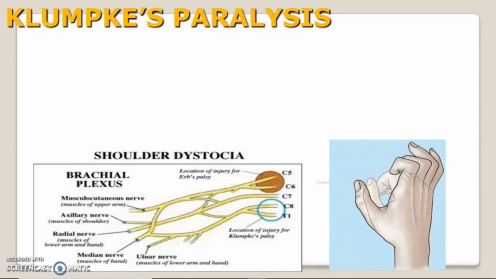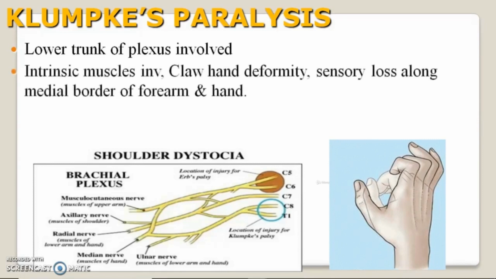Klumpke's paralysis is a condition involving lower trunk of the brachial plexus, and here we will be having effect in intrinsic muscles, and then it will also lead to claw hand deformity and sensory loss along the medial border of forearm and also in hand. These are the conditions happening for Klumpke's paralysis as you can see in this image, and it is mainly by sympathetic fibers passing through T1.